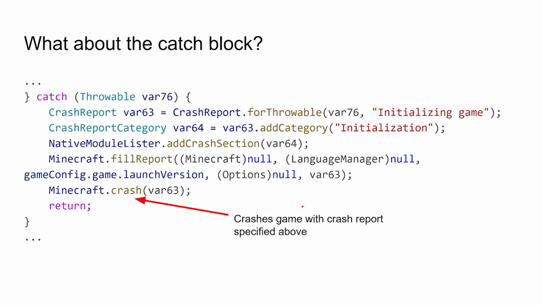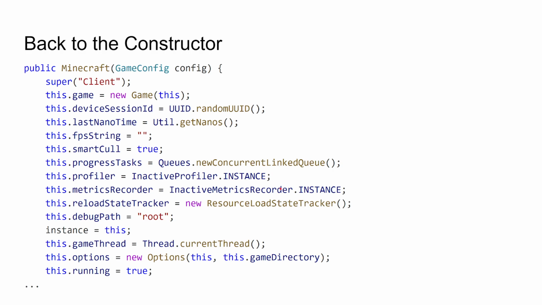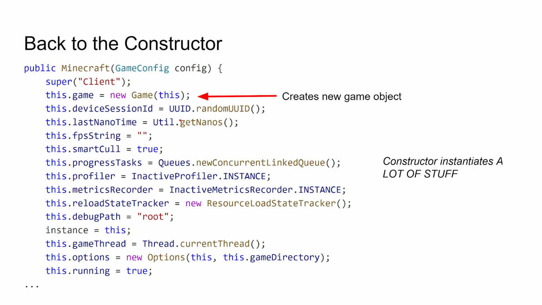That's what happens here. The next thing, all right, we're back to that constructor we saw earlier. So that public Minecraft constructor. Now, first thing you notice is we initialize this game object right here, and then pretty much the rest of the things are just instantiations of every single private field. So we can see instantiations of profiler, metrics recorder, game thread, options. It sets a boolean called running to be true.